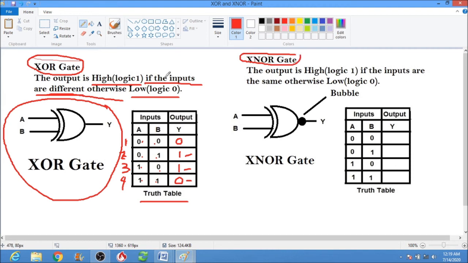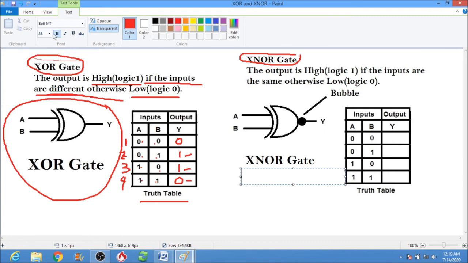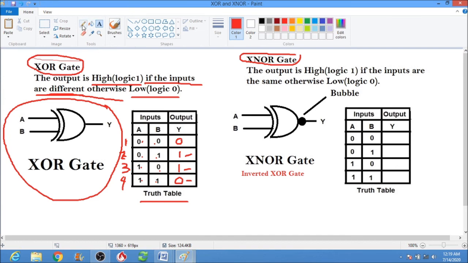The XNOR gate can also be defined as an inverted XOR gate. Okay, XNOR is an inverted XOR gate with a bubble, or XOR with a bubble, and that will be your XNOR gate.